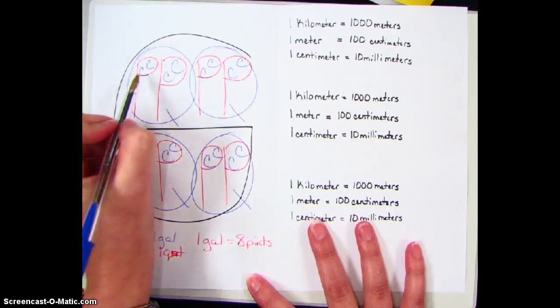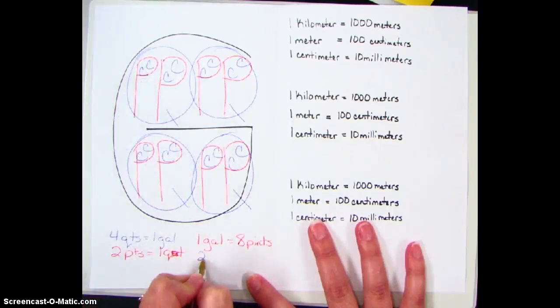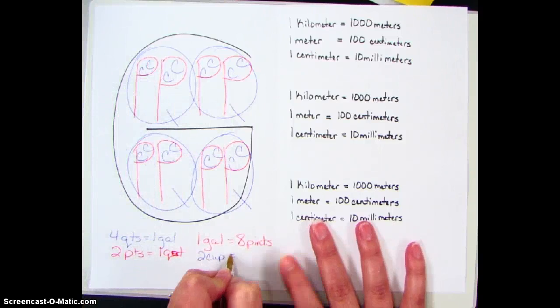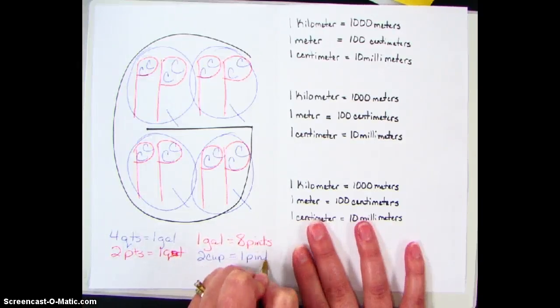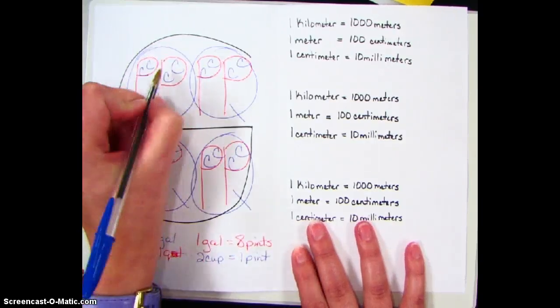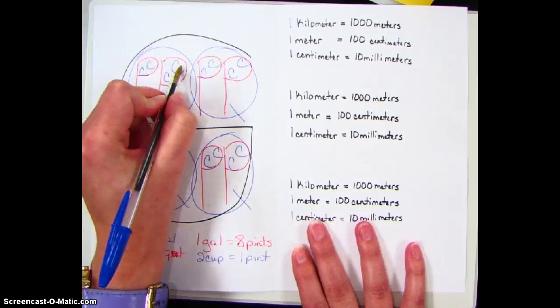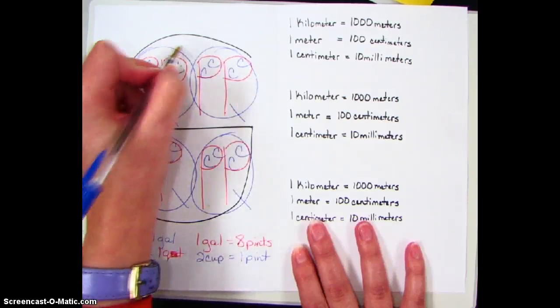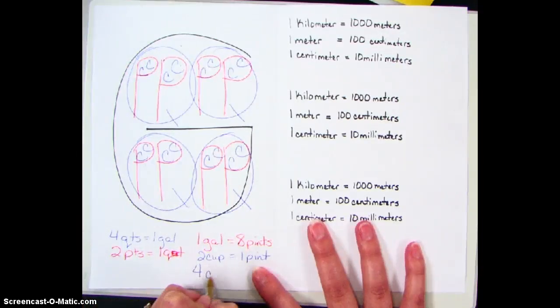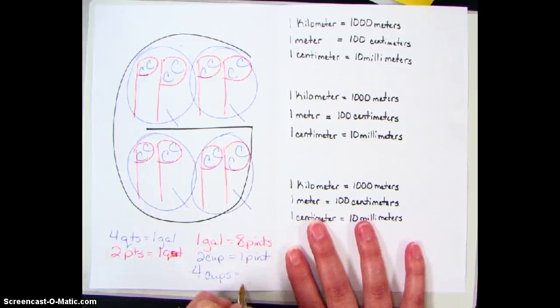So let's count. There's 2 cups equal to 1 pint. There's 1, 2, 3, 4 C's in every quart. So 4 cups is equal to 1 quart.